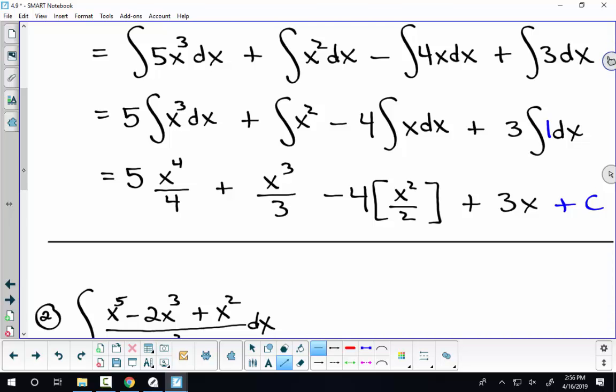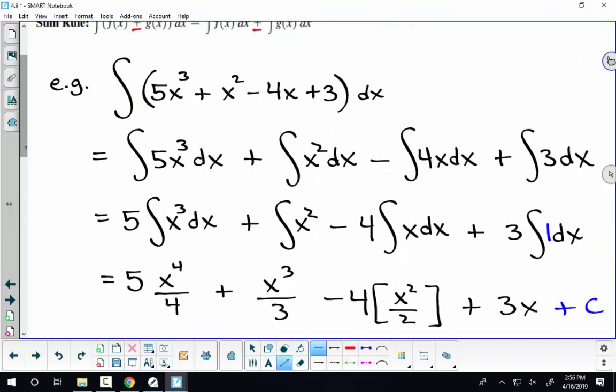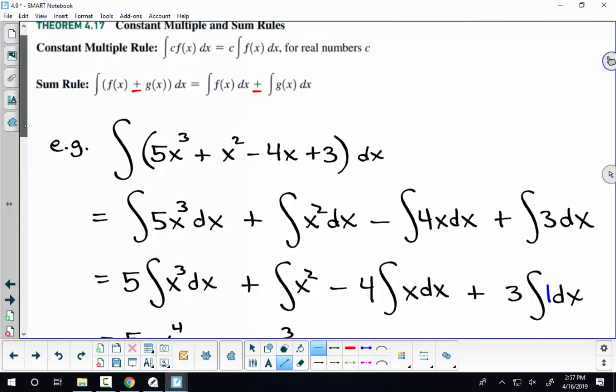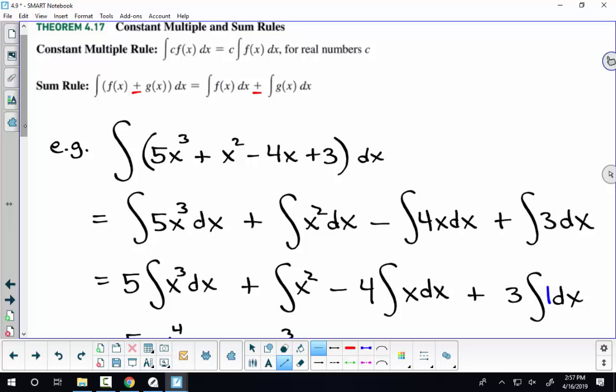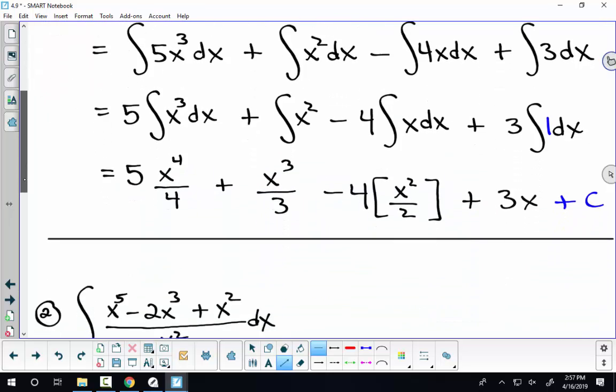So again, you don't have to write all of these steps down. We could just say, well, this is 5 times x to the 4th over 4. This is x cubed over 3, right? We can just do that all in one fell swoop. But what you're doing is applying multiple rules at the same time. Very comparable to when we took a derivative.